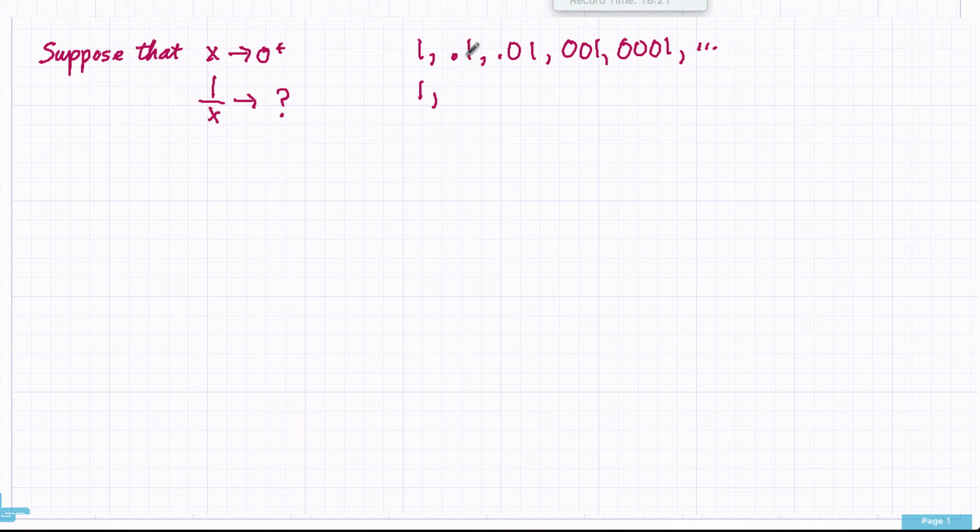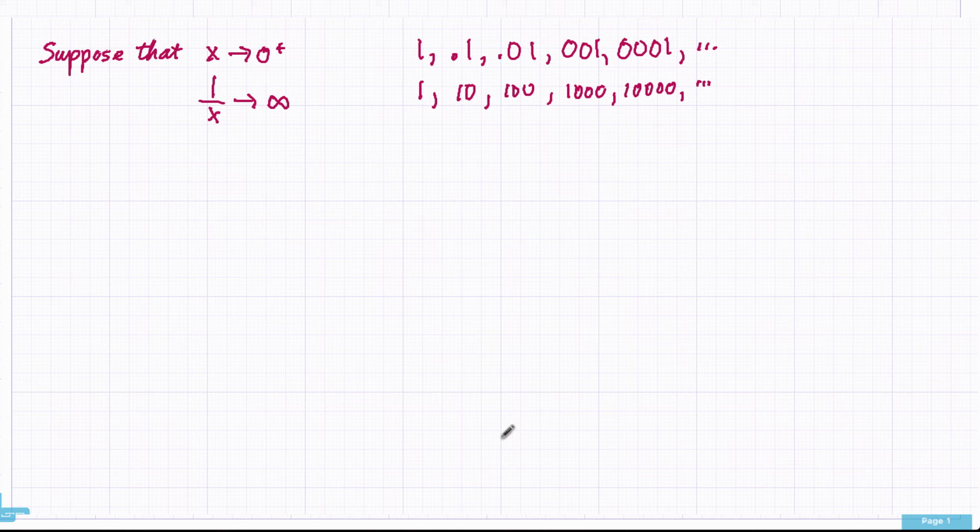If x is 0.1 or 1/10, then 1 over 1/10 is going to be 10. The smaller the x is, the bigger the 1 over x is going to be. Next one would be 100. They're going to get bigger and bigger as the x's get smaller and smaller. So it looks like the 1 over x list is going to infinity.